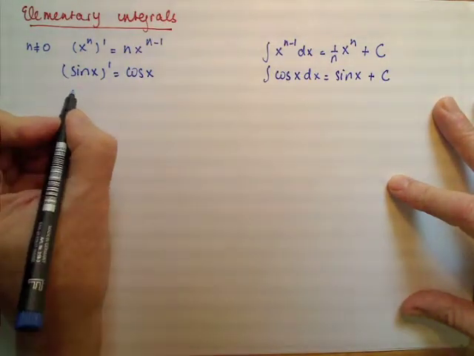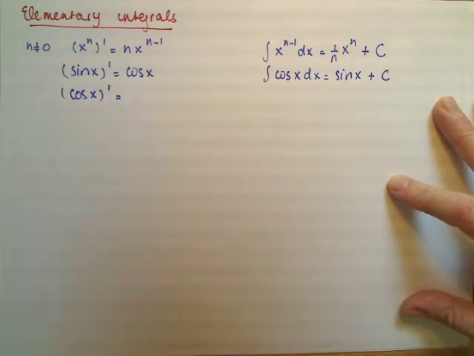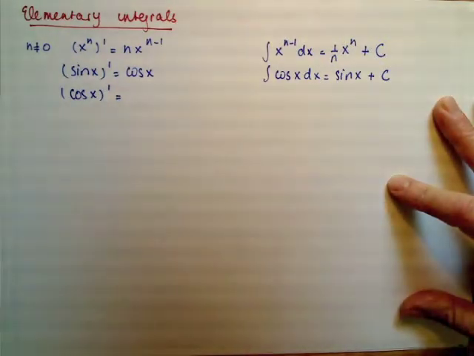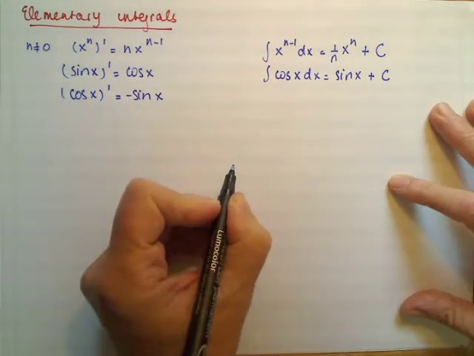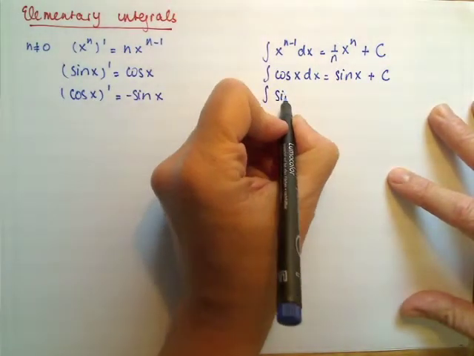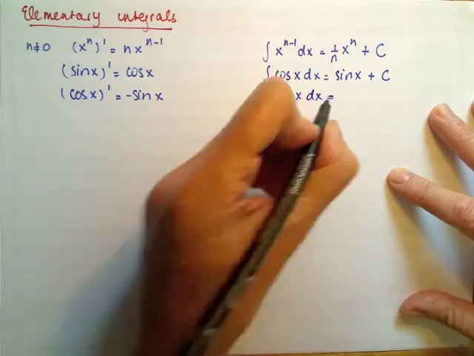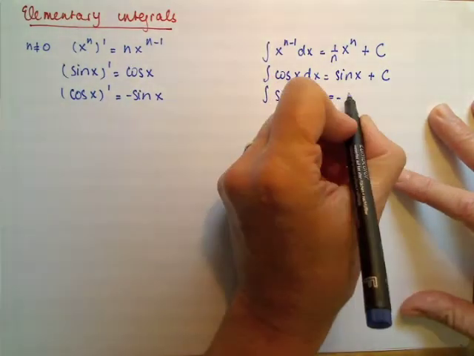Again, if we now differentiate cosine of x, we get minus sine of x. So if we integrate sine of x, we get minus cosine of x. We have to cancel this minus sign.